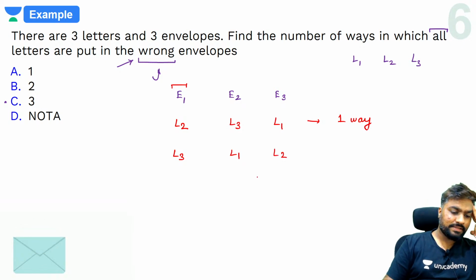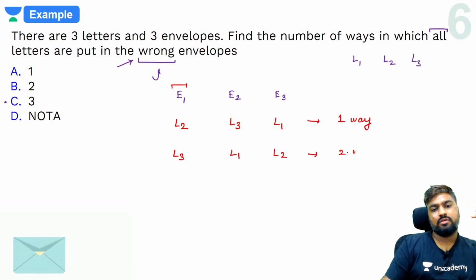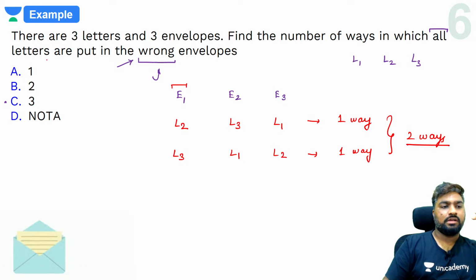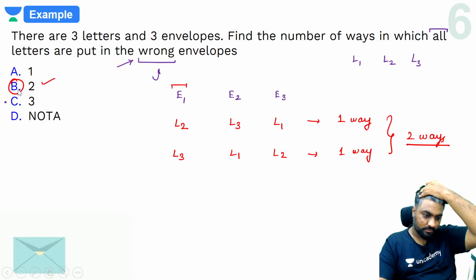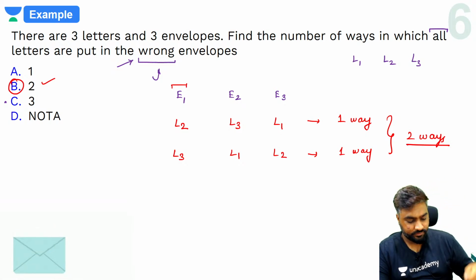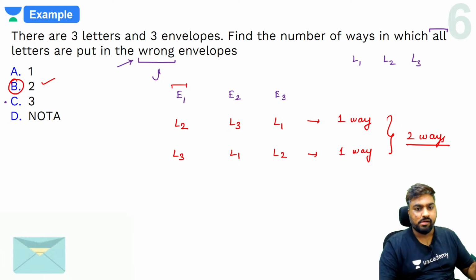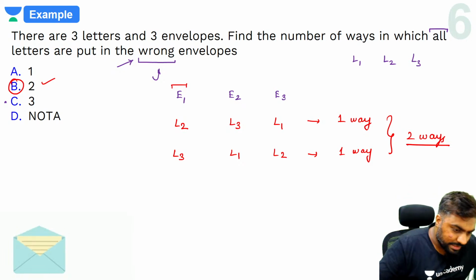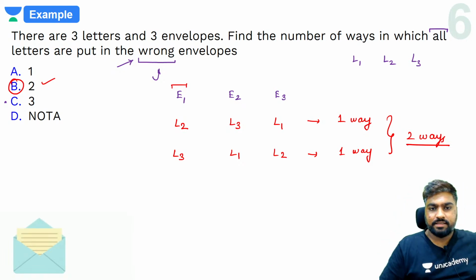Do you agree with this? Yes. So this is one more way of doing it. Total there are only 2 ways of doing this. Option B, 2 is your right answer. Not 3, not 5, 2. Say yes if you understand this.